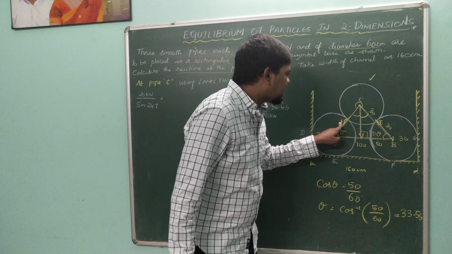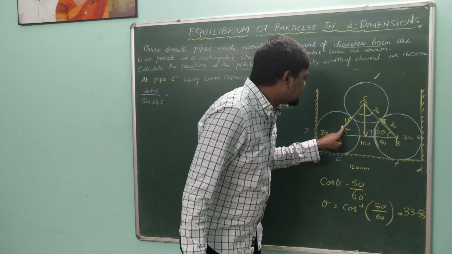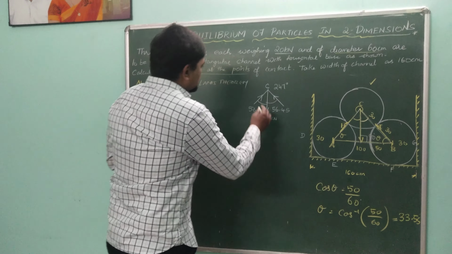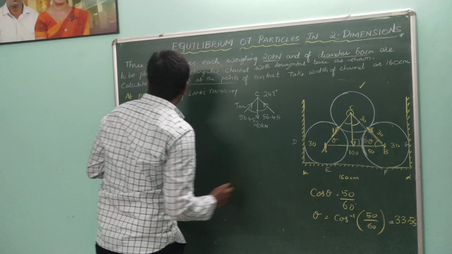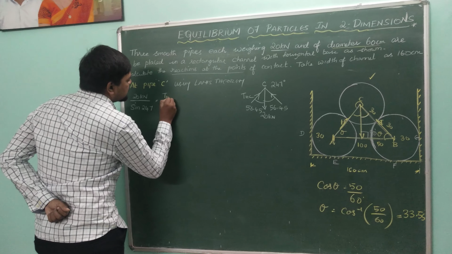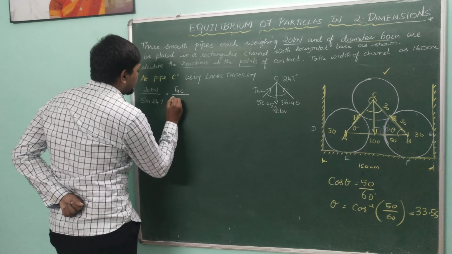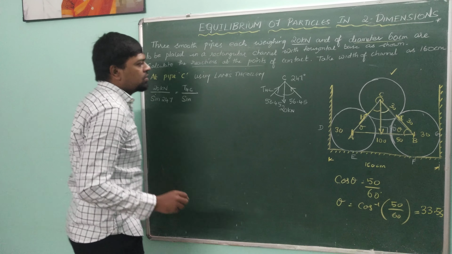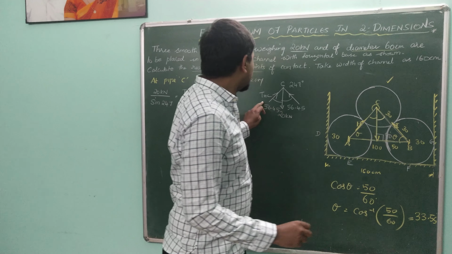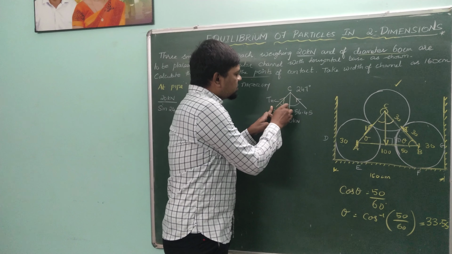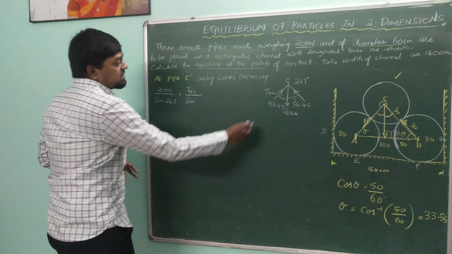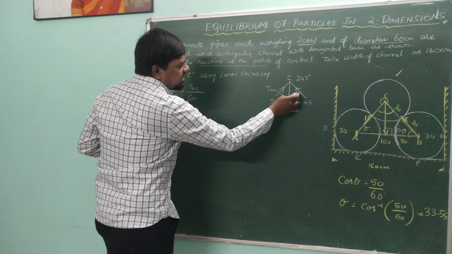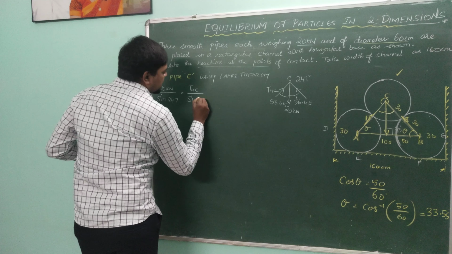This point is H and this is going to act from H to C. So that is going to be tension H to C, divided by sine of the opposite angle. This is an alternate angle, this is also an alternate angle, this is an adjacent angle and this is also an adjacent angle, and this is going to be the opposite angle.